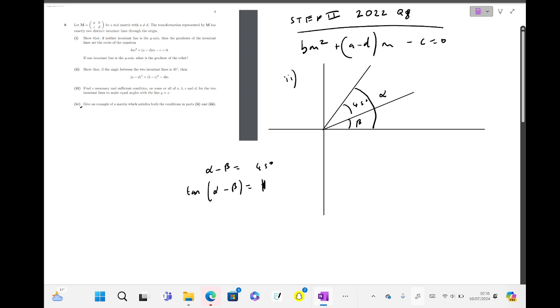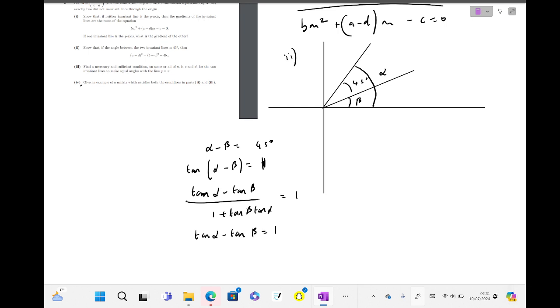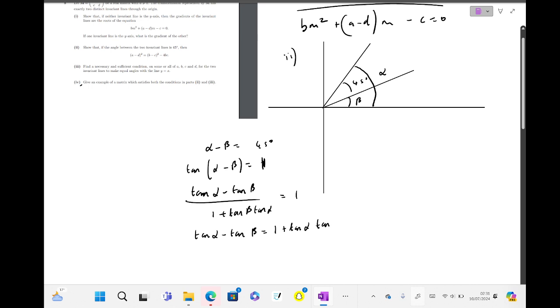Now, we can use the tan subtraction formula, and we'll get... and then rearranging, we get 1 plus tan alpha tan beta.